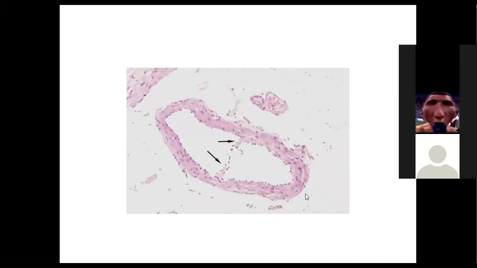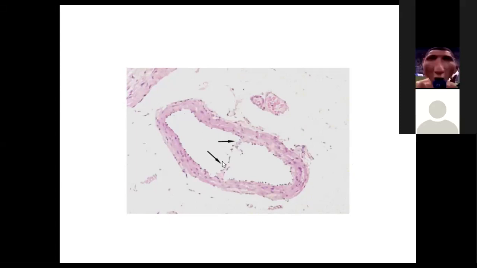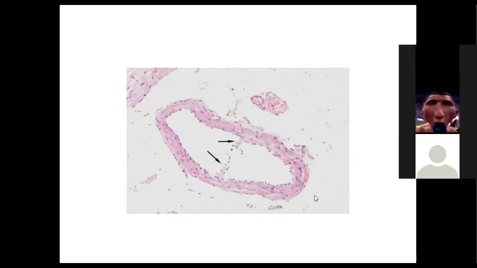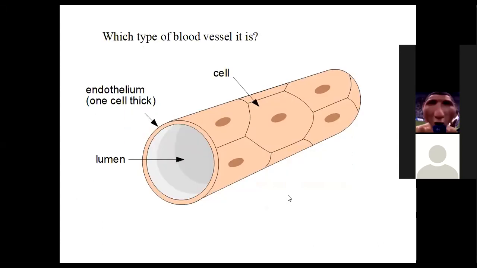You must be able to prove what you think. How can we believe you? The lumen is larger, and they have valves. Yes, there is a valve and thinner muscle. Okay, yes, capillaries.